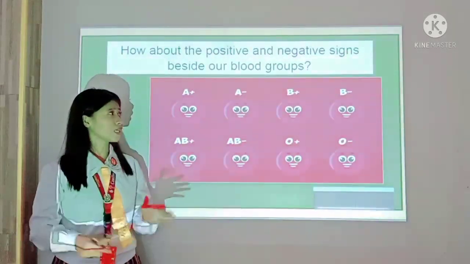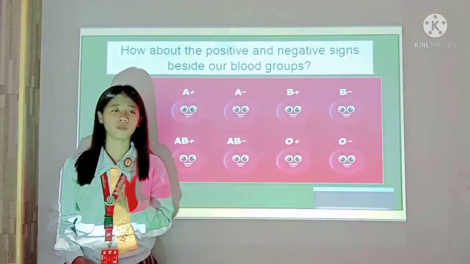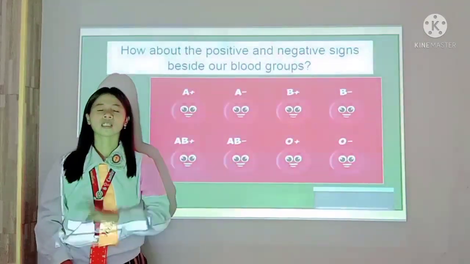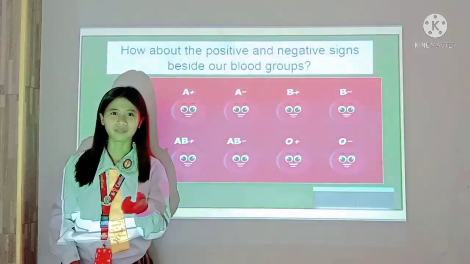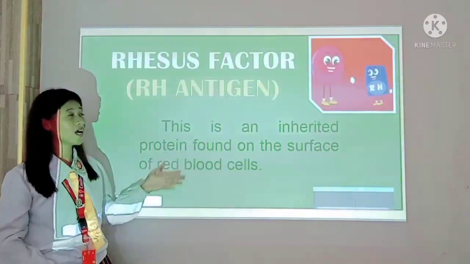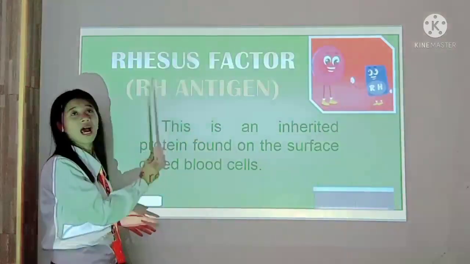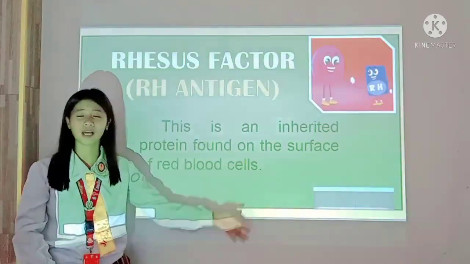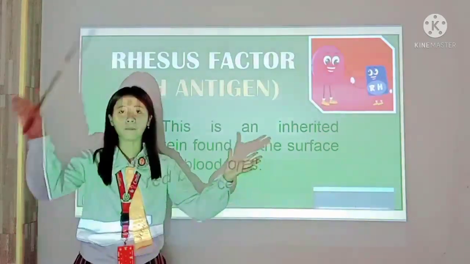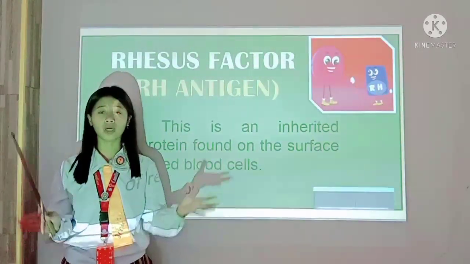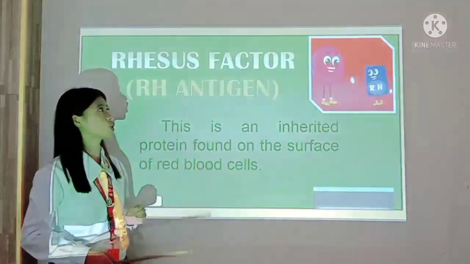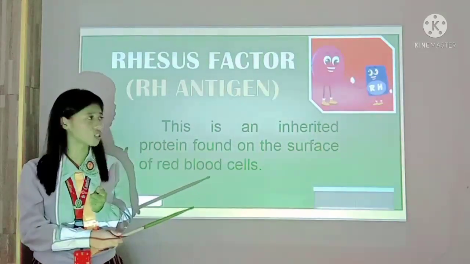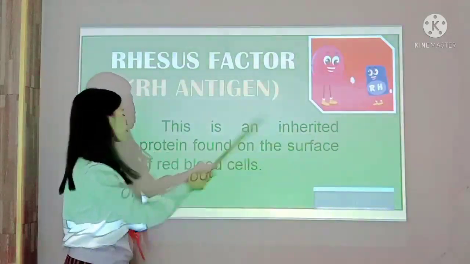Of course, that positive and negative sign of blood is determined by another protein in our blood, which is the rhesus factor or Rh antigen present in our blood, wherein it is responsible for the negative and positive sign of our blood.